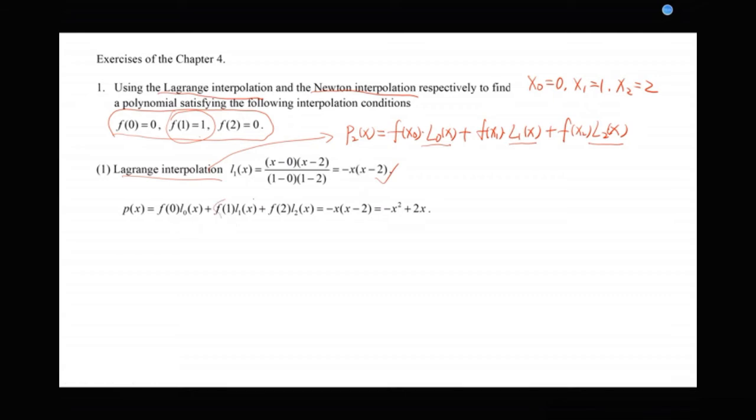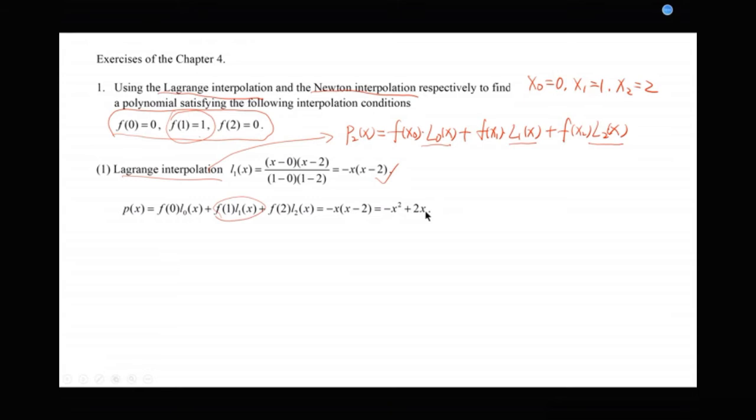So P(x), or P2(x), now we only have this term. f1 is 1, so 1 multiply this basis function. So the answer is minus x squared plus 2 multiply x.